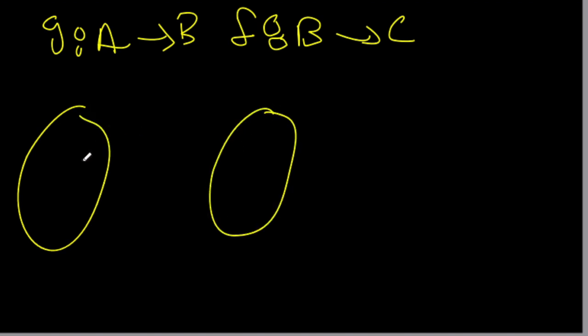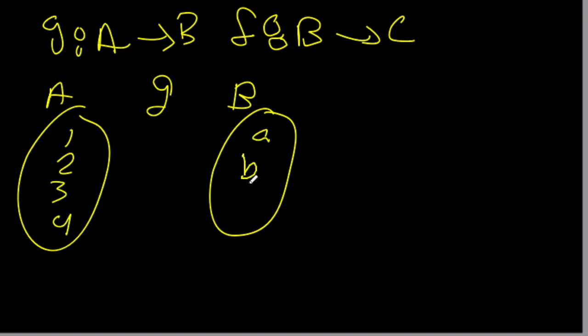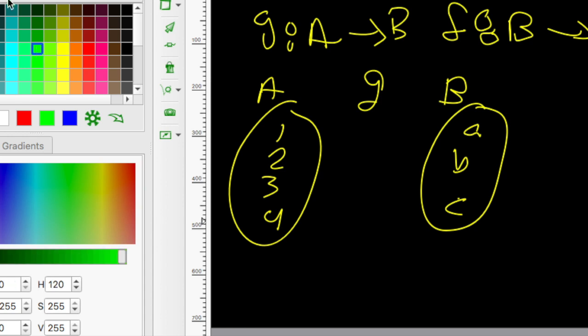First I will write the mapping in front of me, then I will draw the small elements that I want to map between a and b, and I will call this mapping g. Now g is given by the question, and it maps 1, 2, 3, and 4 to a, b, and c. C is not mapped, but I will write it here anyway, because the question already gives that B has the elements a, b, c.